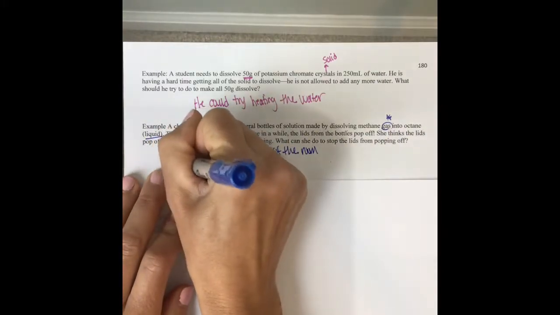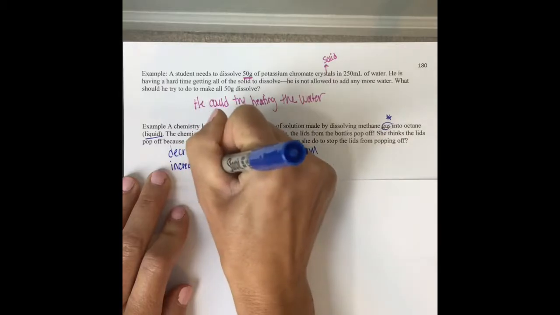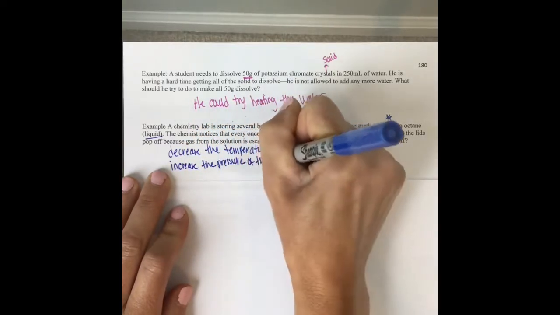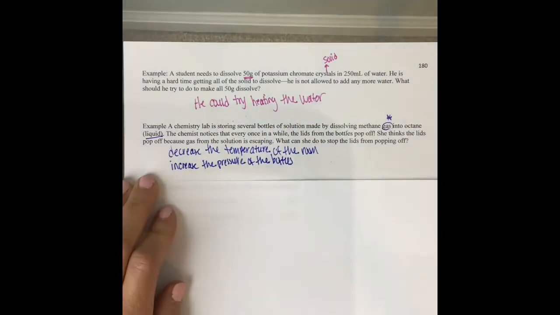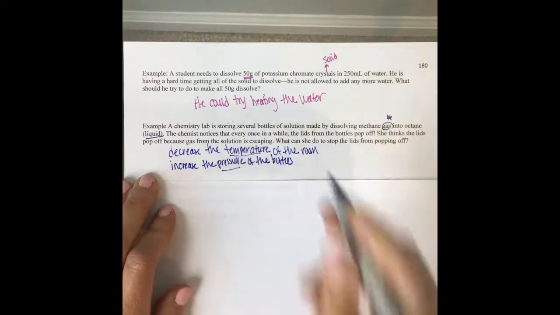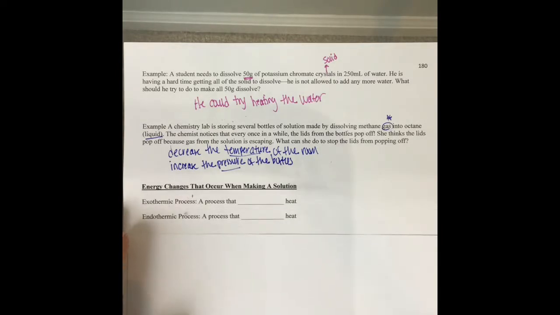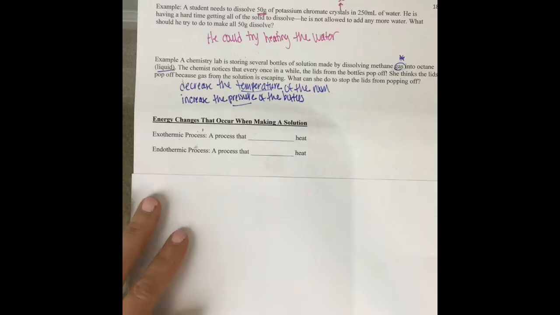Or they may need to increase the pressure of the bottles. Okay, so as long as you've mentioned both the temperature and the pressure, or one of them, you will have covered that question.